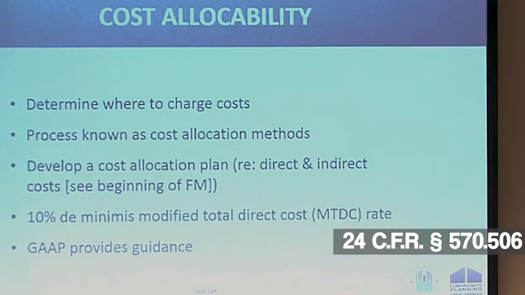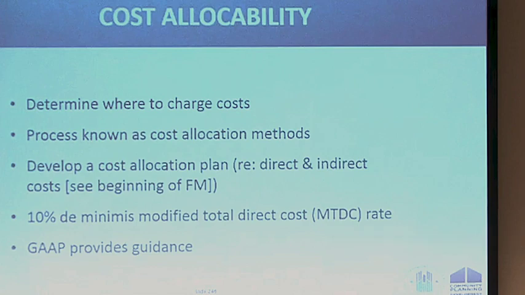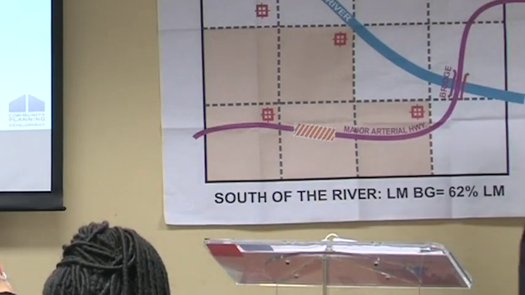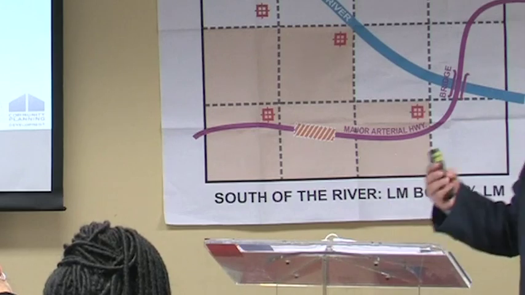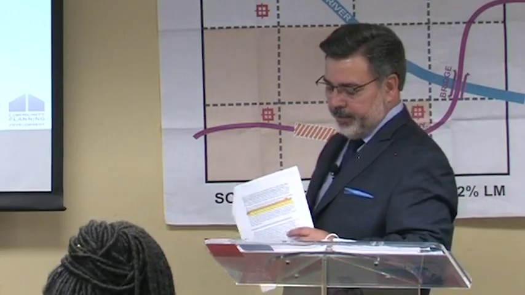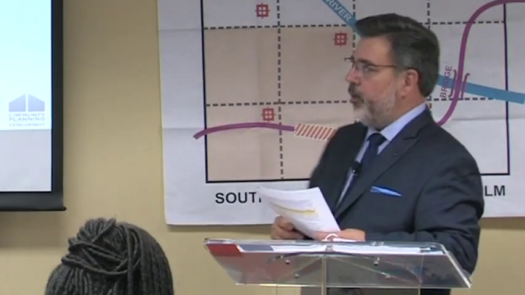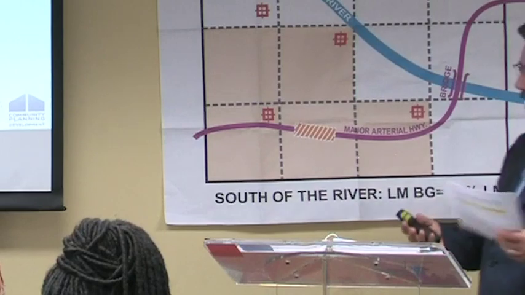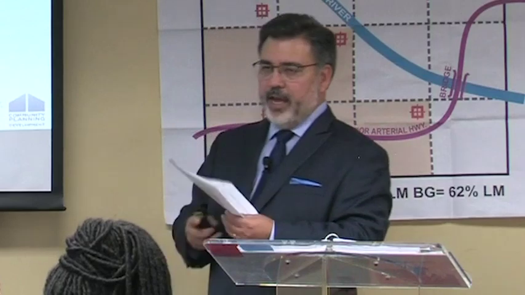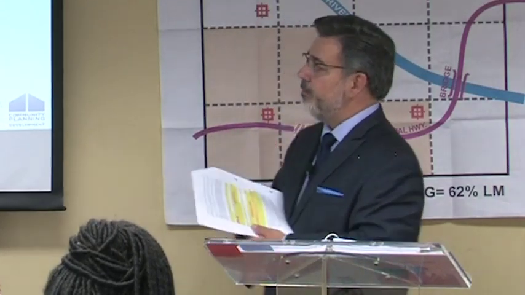Okay, cost allocability. Say that 3 times quickly. Okay, you want to determine where to charge costs, okay? Most of you, we indicated, did not have a cost allocation plan, correct? So you have a few ways of allocating cost if you don't have a cost allocation method.